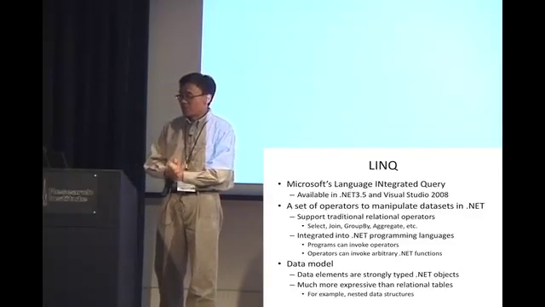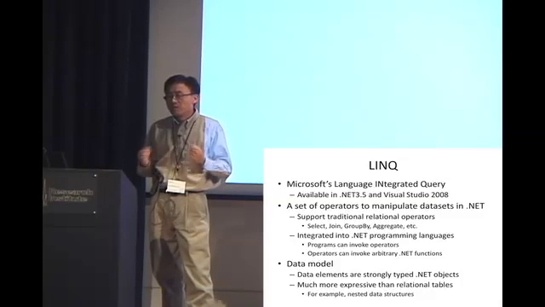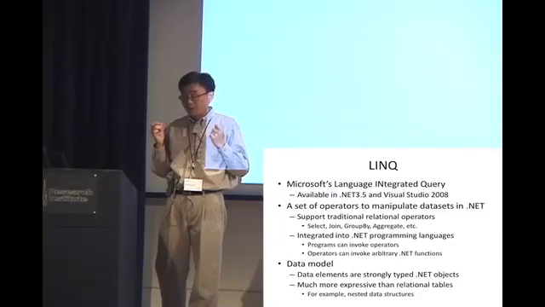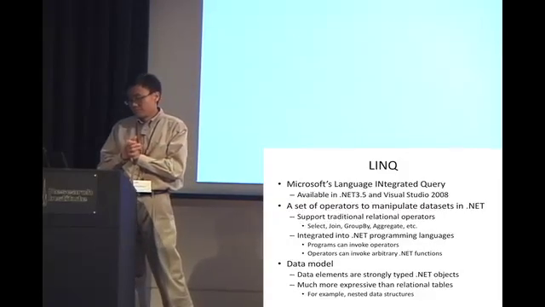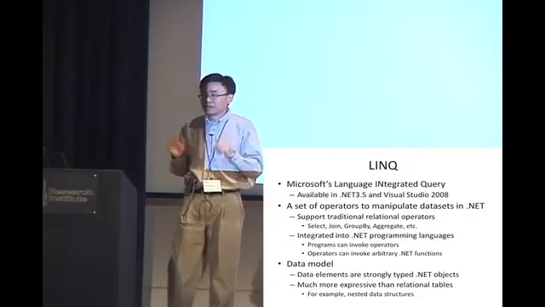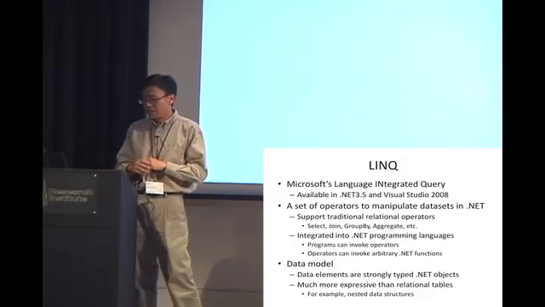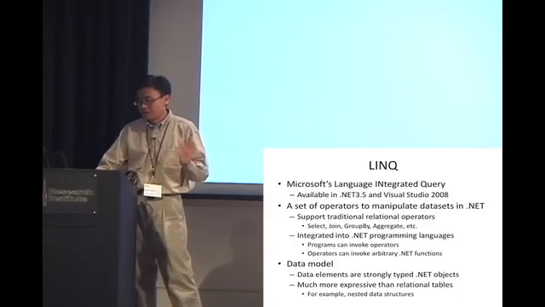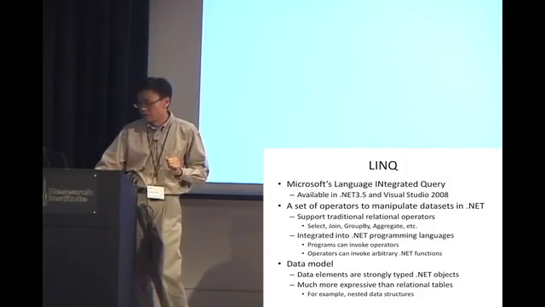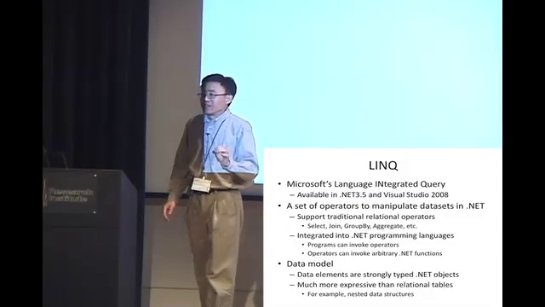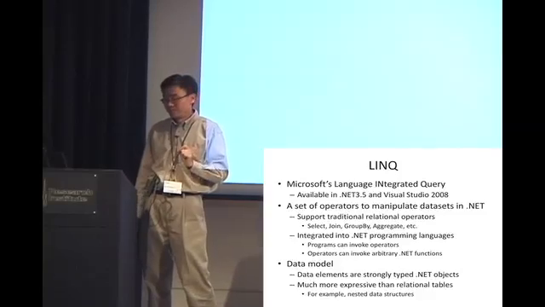Great. LINQ is probably the most innovative stuff coming out of C# in the past 2 or 3 years. It's really, really nice. It's available in .NET 3.5, and also in Visual Studio 2008. What LINQ does is define a set of operators to manipulate data sets in .NET.